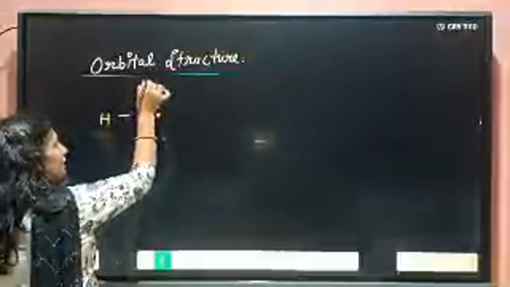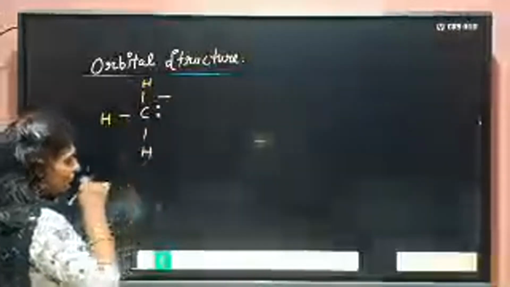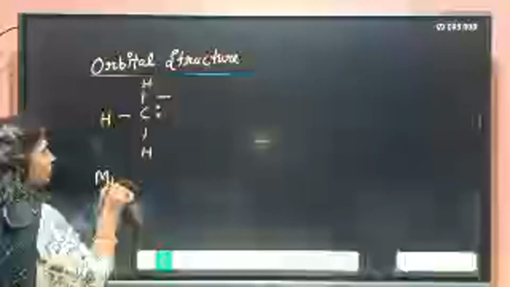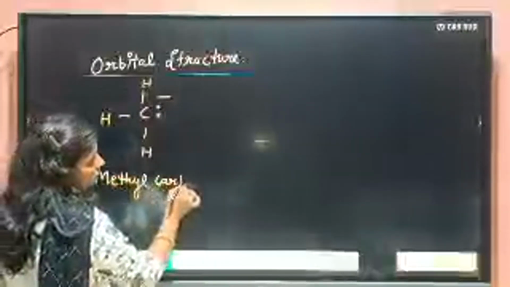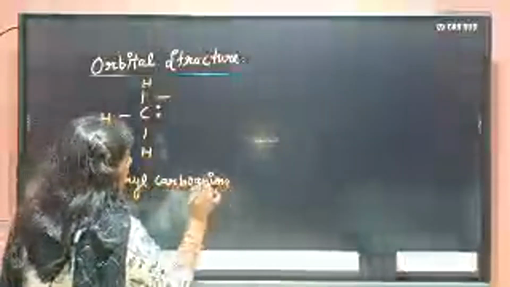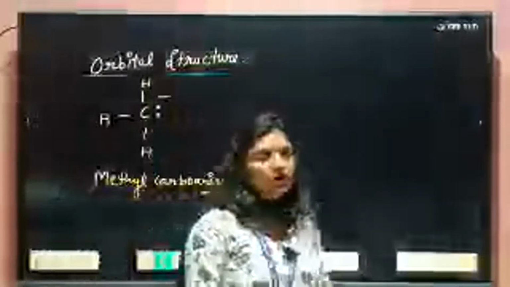It has 8 electrons in its outermost shell. This is carbanion. This is methyl carbanion. Yes. Students, if we discuss the orbital structure, then you should know about the hybridization.